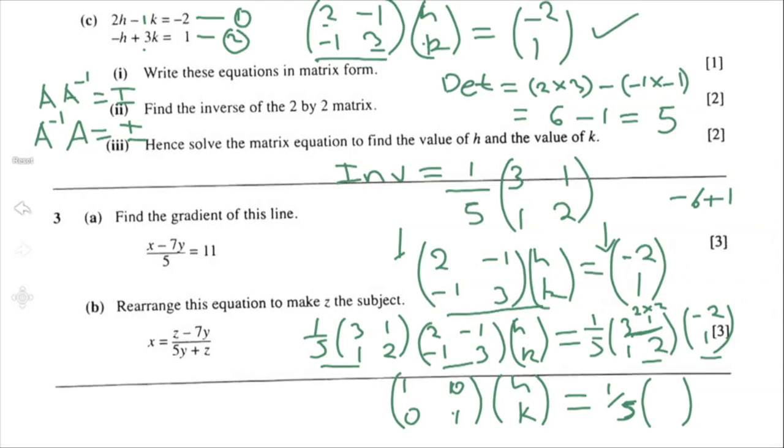So negative 6 plus 1, your answer should be negative 5. Then multiplying the second row with the column on the right, 1 times negative 2, that's negative 2, plus 2 multiplied by 1, it's 2. So negative 2 plus 2, you're going to get a 0.